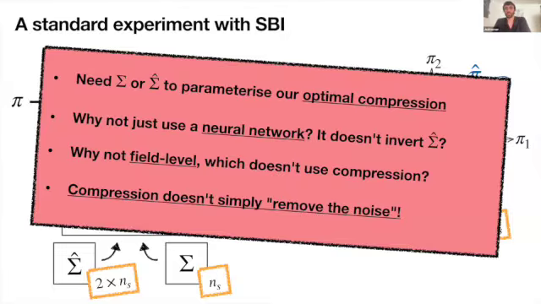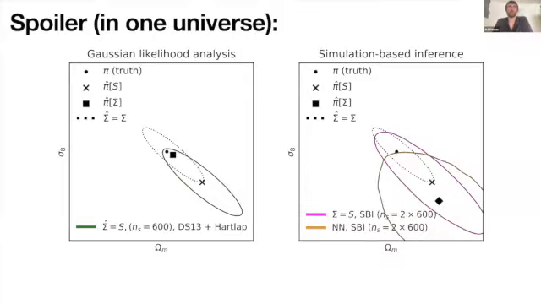So just a few points there, but here I basically have a kind of spoiler in one universe. This is showing you the results of applying SBI compared to a Gaussian likelihood analysis in one repeated experiment, or one universe. On the left, we have a Gaussian likelihood analysis using this Dodelson-Schneider corrected posterior and the Hartlap correction to the precision matrix.